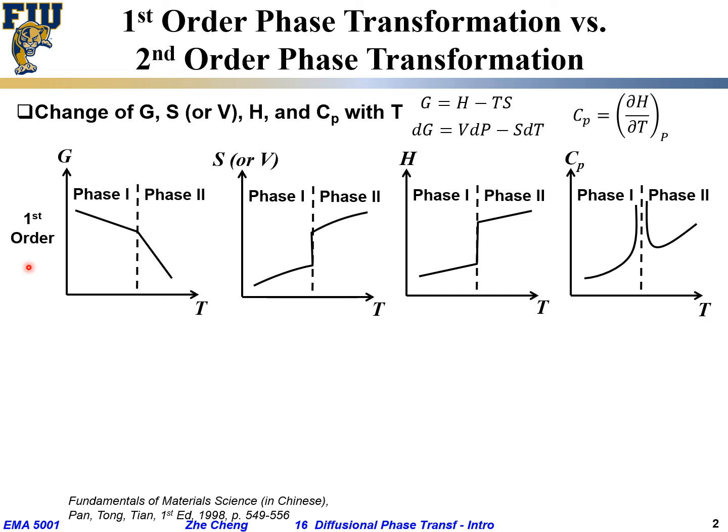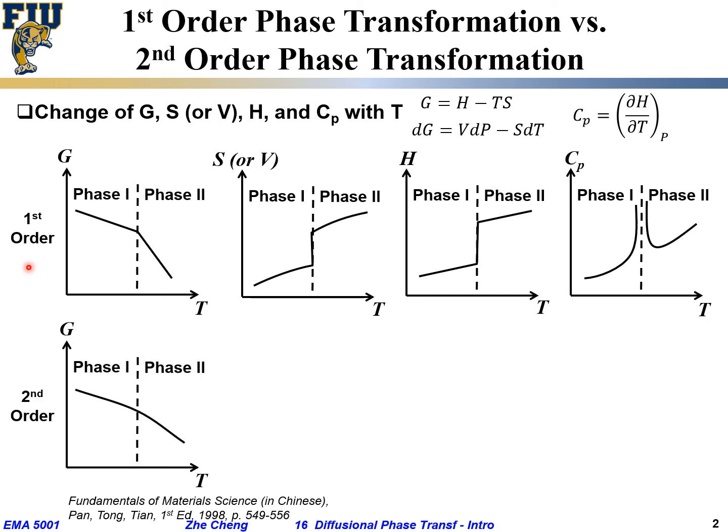In comparison, for second order phase transformation, if we look at the Gibbs free energy, it's still continuous, and at the equilibrium phase transformation temperature there does not appear to be a sudden change in the slope of the Gibbs free energy versus temperature curve.